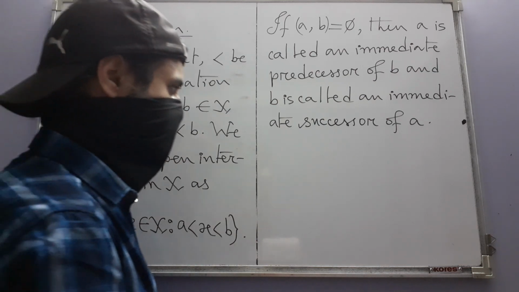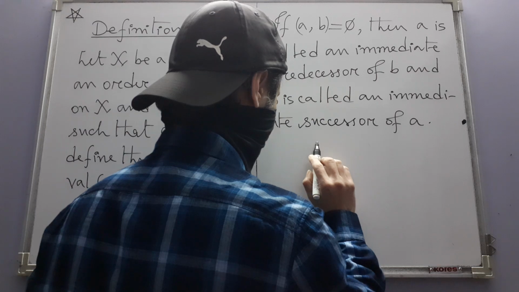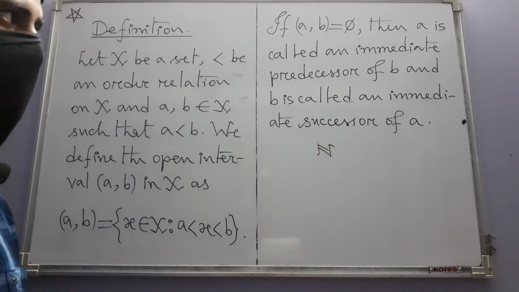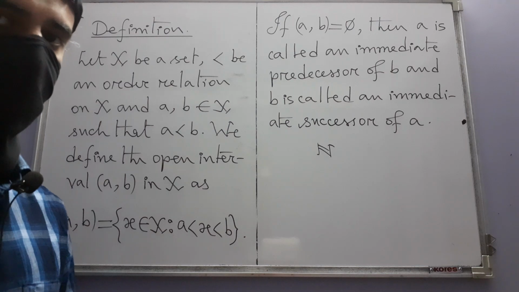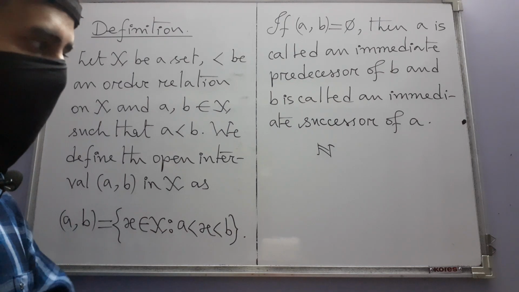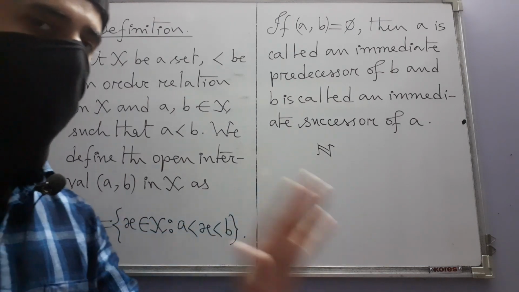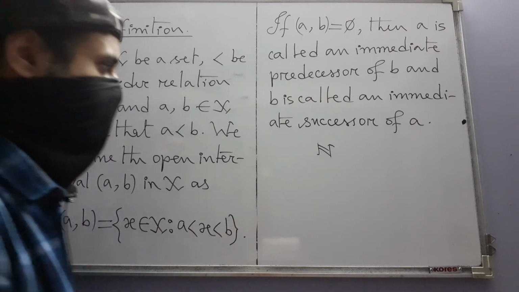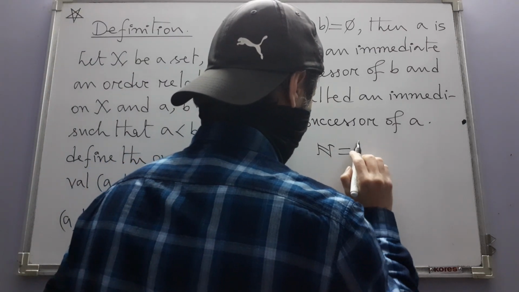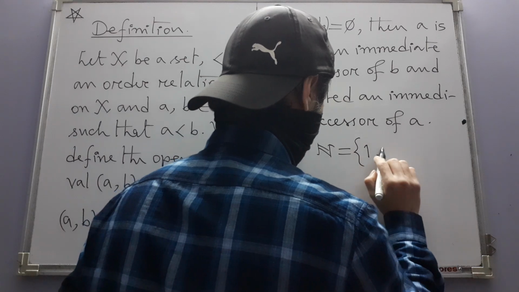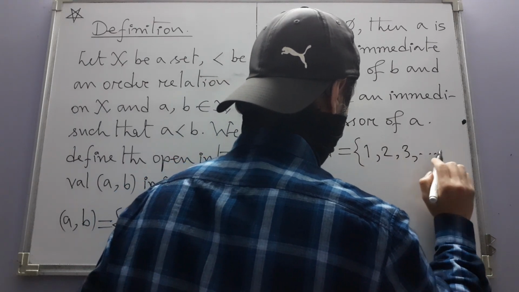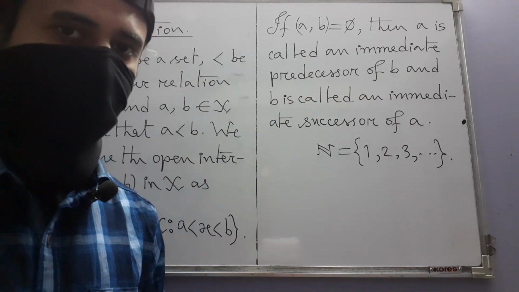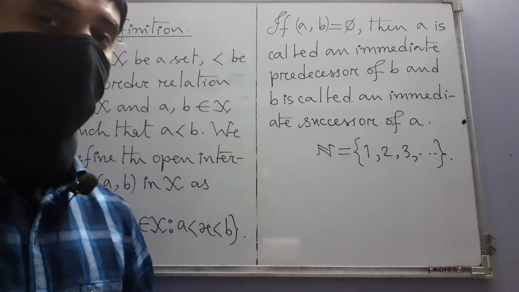In fact, if you think of the ordered set of natural numbers, or more accurately positive integers, in this book we do not assume 0 to be a natural number. It's just a matter of convention. Okay. So on this set, if you consider the ordinary less than relation, then this becomes an ordered set.